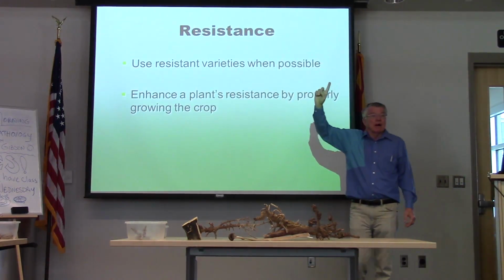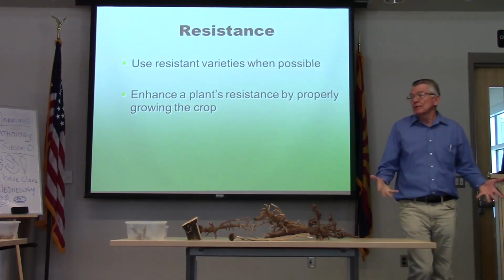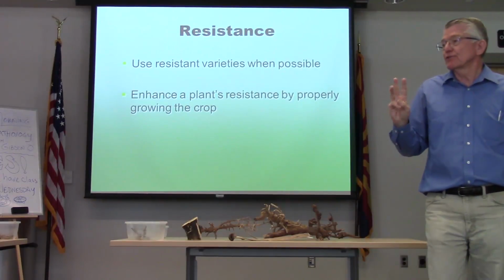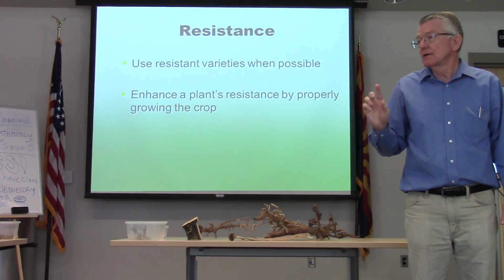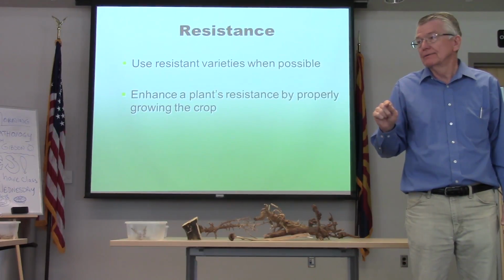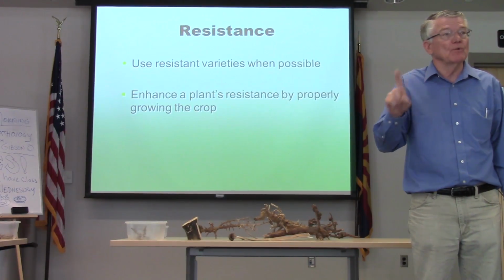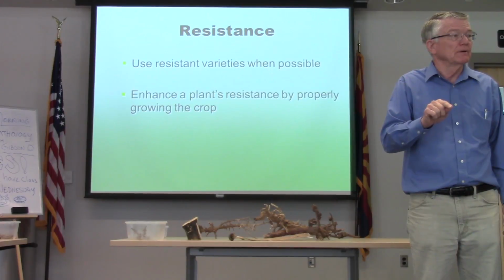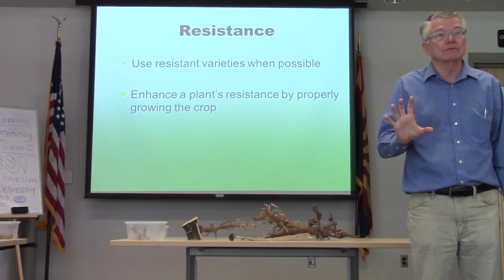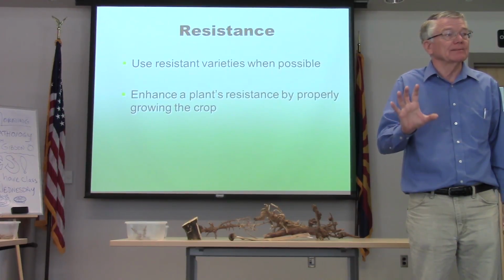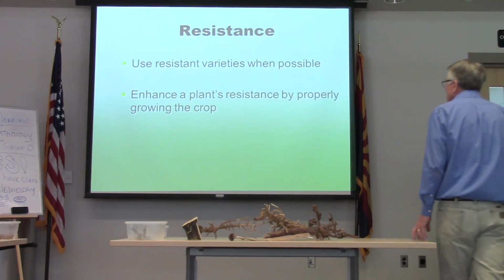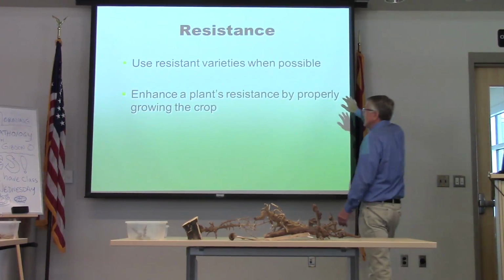That's why when I buy tomato plants to set out, I'm looking at the tag for the three-letter abbreviation VWR, Verticillium wilt resistant tomatoes. So I don't get the problem of verticillium wilt in my tomatoes. I use resistant varieties whenever I can.